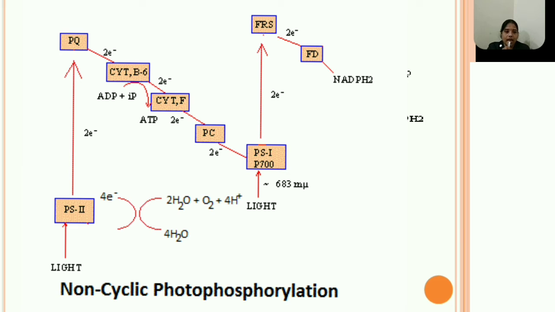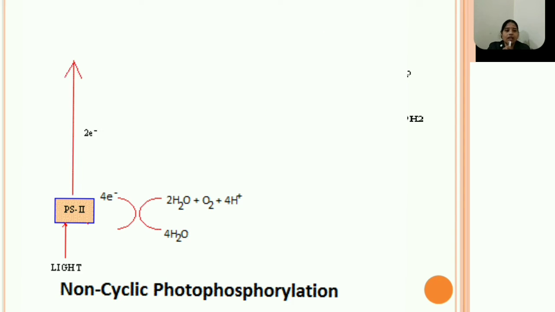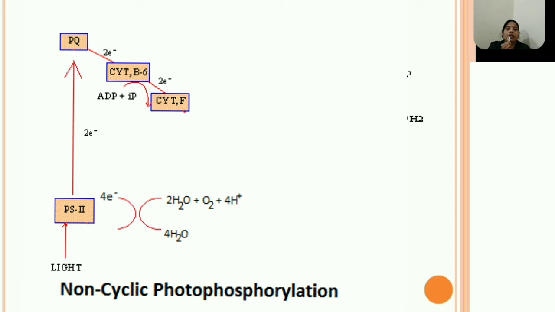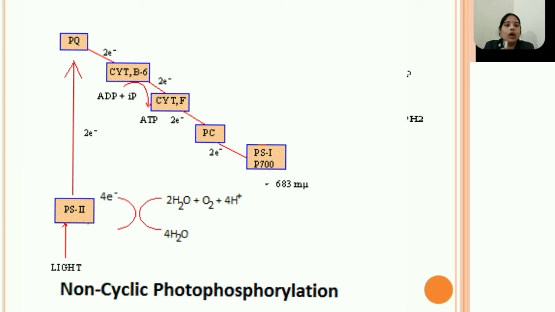From plastocyanin, the electrons are finally accepted by ionized chlorophyll a, that is PS1.